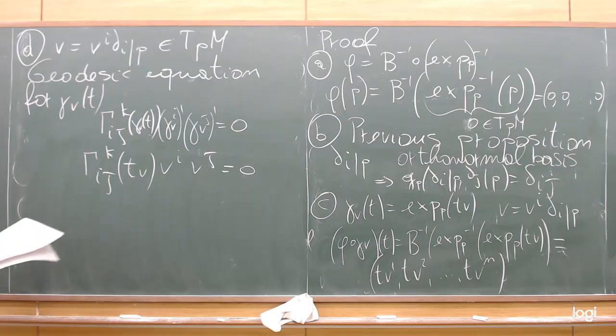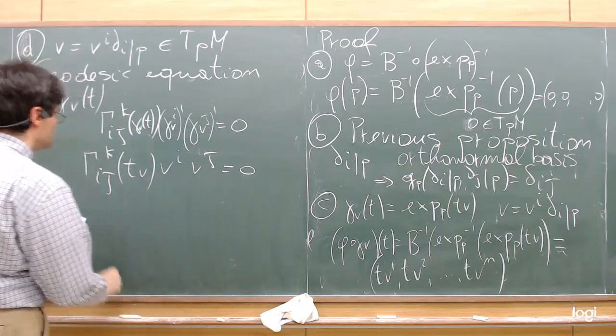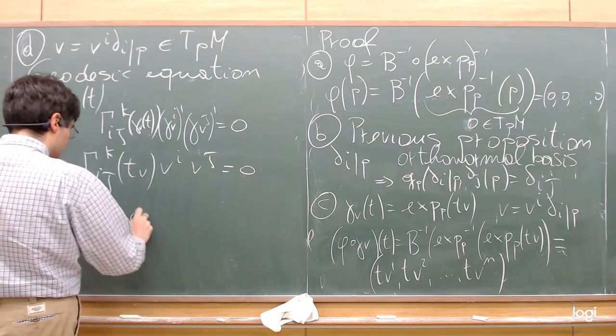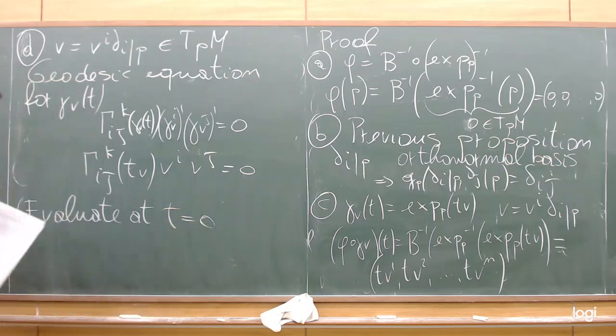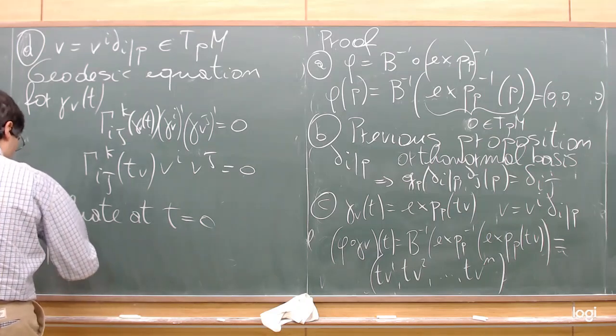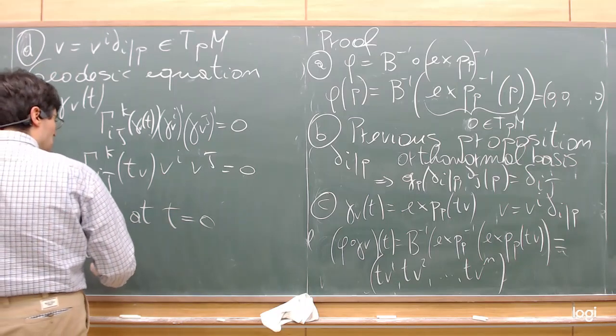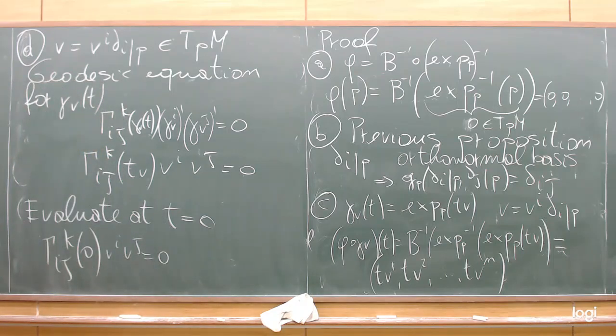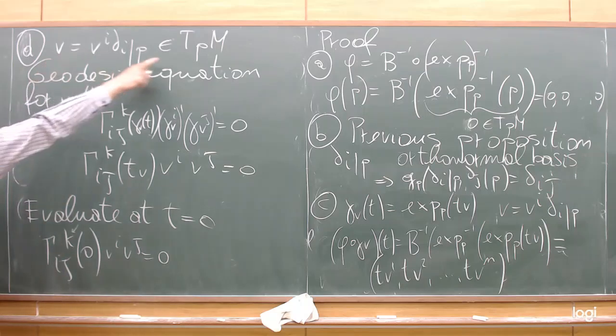Now it's enough to evaluate at t equals 0, so we get Gamma^i_jk at 0, v^i v^j equals 0, and this is true for any value of k and for any v in T_pM.